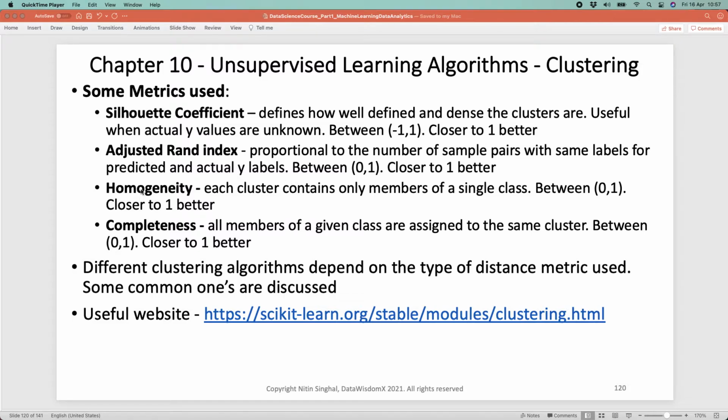The other two metrics, homogeneity and completeness, measure how distinct the clusters are. So basically, the more the members of one single class are in a given cluster, the better that cluster is, right? Effectively, if you have a distinct cluster with only members of one class or category, it's a well-defined cluster, and you can then have minimum errors because you have the correct categorization of data.